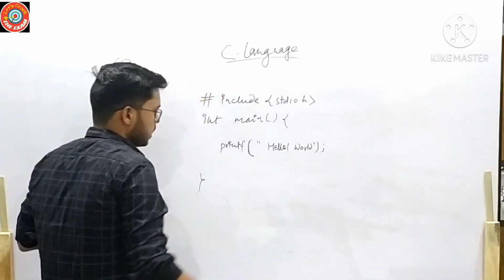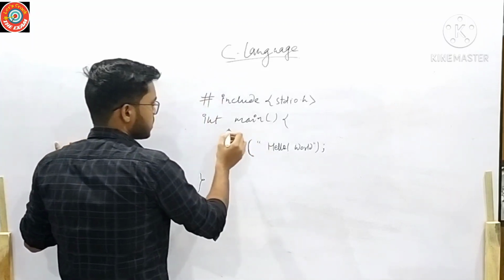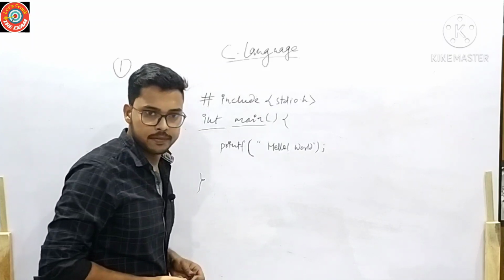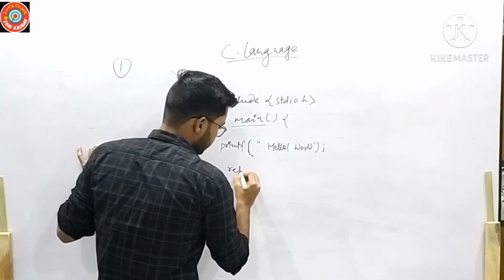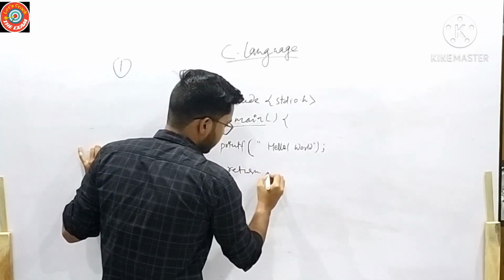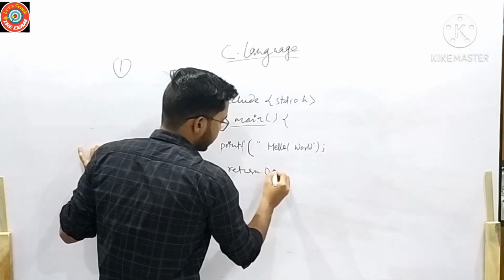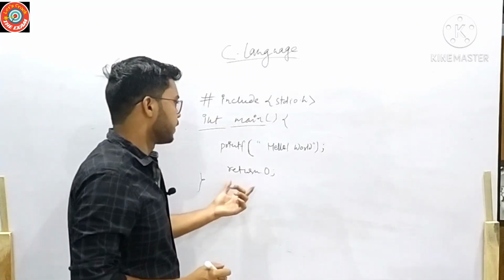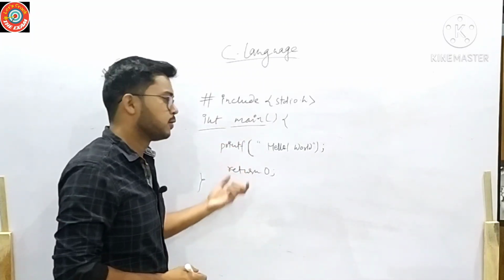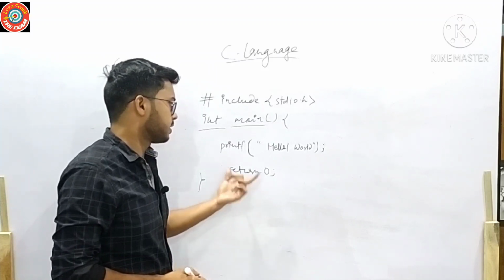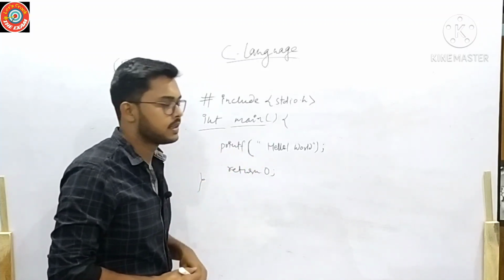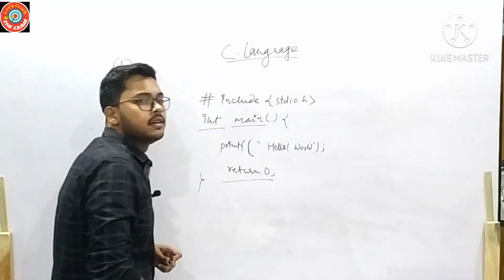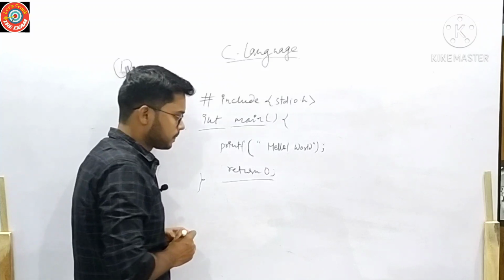Now, because our main function has an integer return type, we will return an integer. So we are returning 0 here. You can return anything, it will not affect the output of this program, but not in every function.